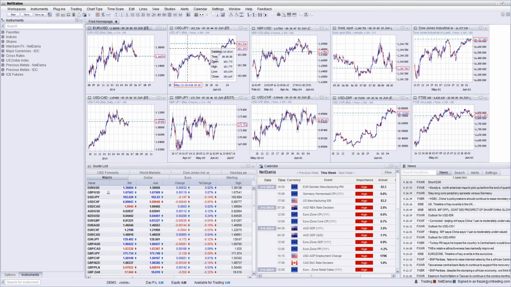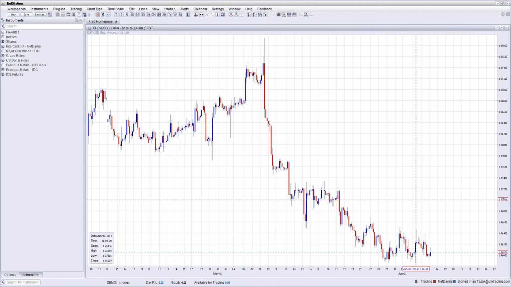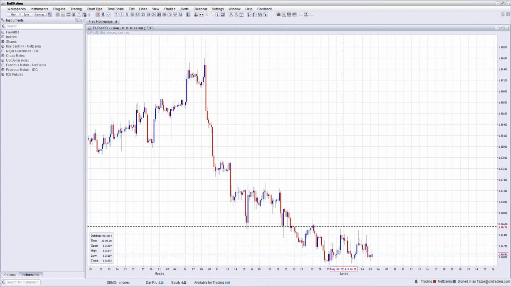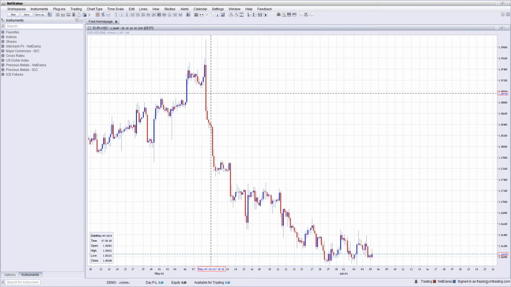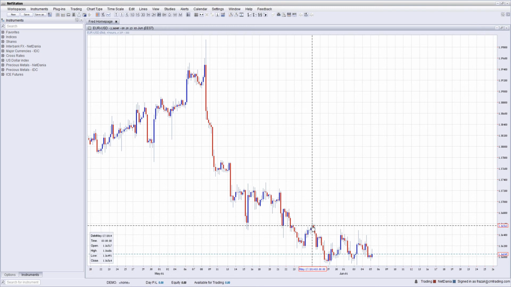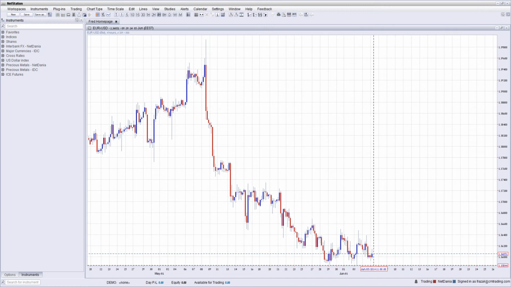Looking at the Euro USD, it's really been flatlining for the past couple of weeks. If we look at a 4-hour chart, we retraced from the beginning of May, and since the end of May, we've been trading between 136.56 and 136.90, in this range.